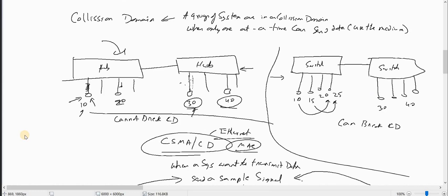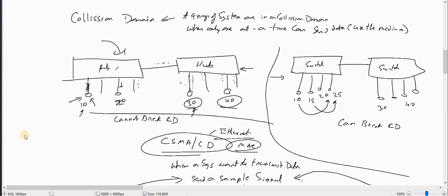The hub just amplifies the signal and sends it to all the active ports. There's nothing special about that. It does not even know the difference between a sample signal and a data signal. It just forwards the signal.